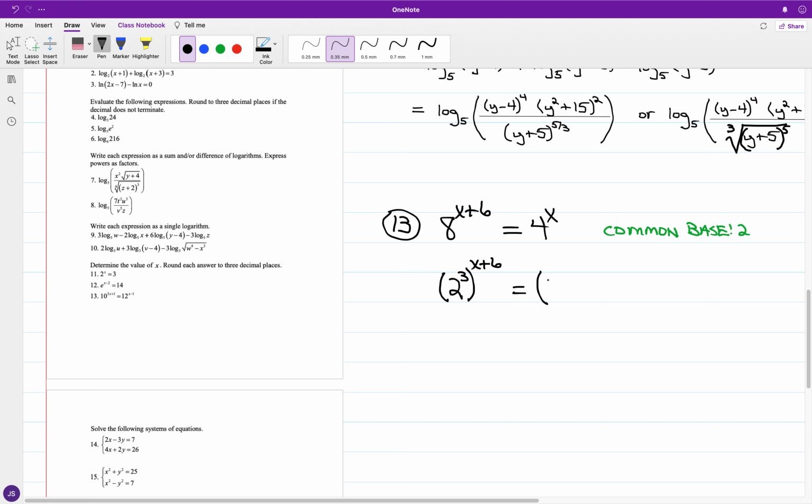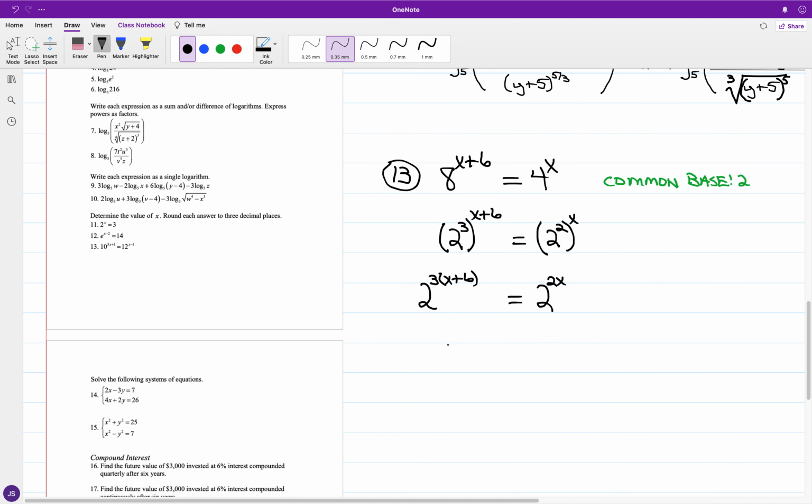For 4 to the x, now 4 is 2 squared, and 4 to the x would be 2 squared to the x. So I'll be multiplying the exponents again by the power property of exponents. So for 2, this will be raised to the 3 times the quantity of x plus 6, whereas for what we have on the right, we have 2 raised to the 2 times x.